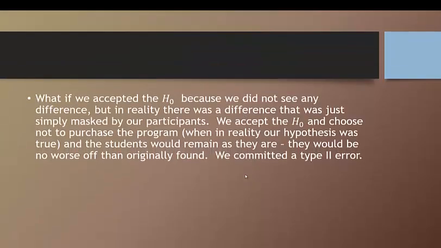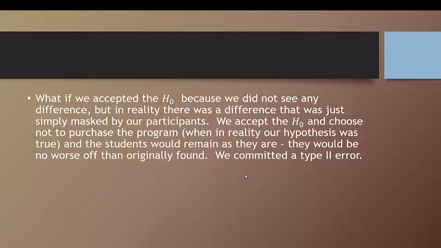The type 2 error would be if we accepted the null hypothesis. Okay, because we did not see any difference in our pilot study when compared to our previous 5 years. But in reality there was a difference, and it was just simply masked by the random participants whom we chose.